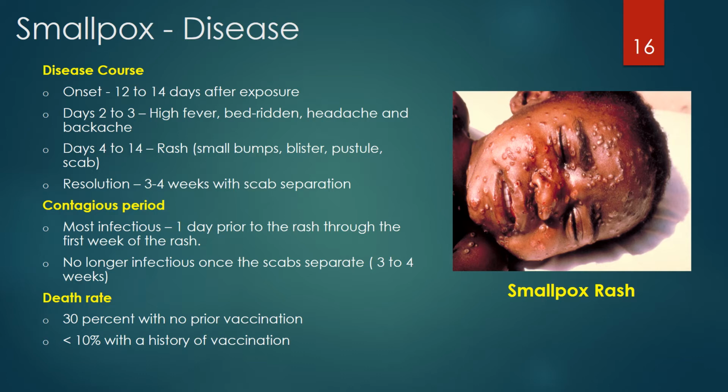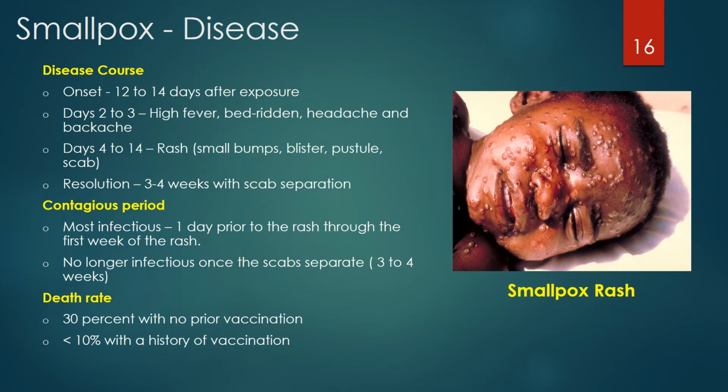Individuals were most infectious from one day before the rash onset through the first week of the rash, but were still infectious until the scabs separated at about 3 to 4 weeks after illness onset. The mortality rate was approximately 30% for individuals with no history of having a smallpox vaccination.